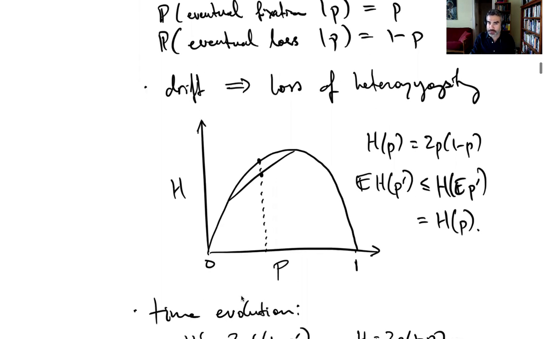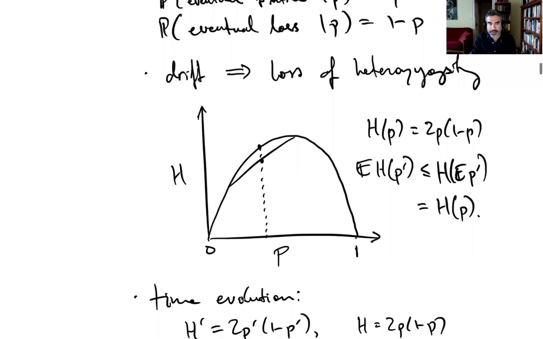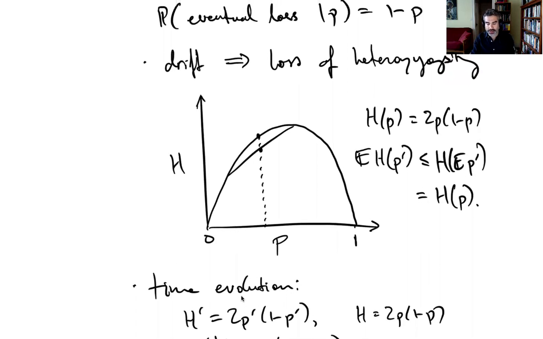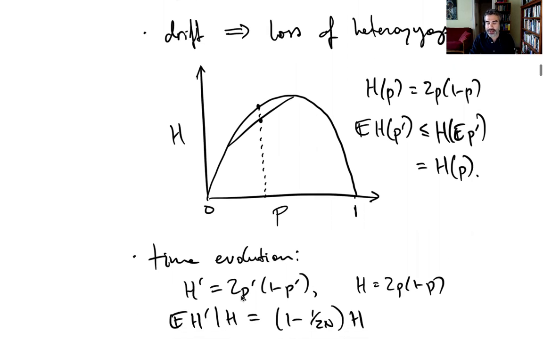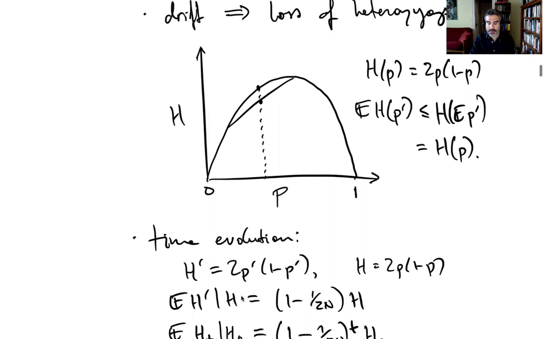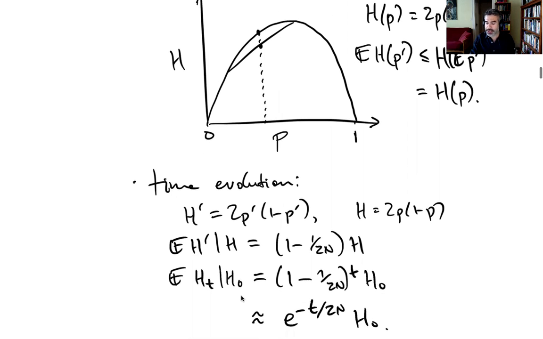To make this intuition more quantitative, a bit of simple algebra shows that, with h prime equal to 2p prime(1 minus p prime), the heterozygosity after one generation, you have the conditional expectation of h prime given h as (1 minus 1 over 2n) h. Now, over many generations, we therefore have exponential decay.